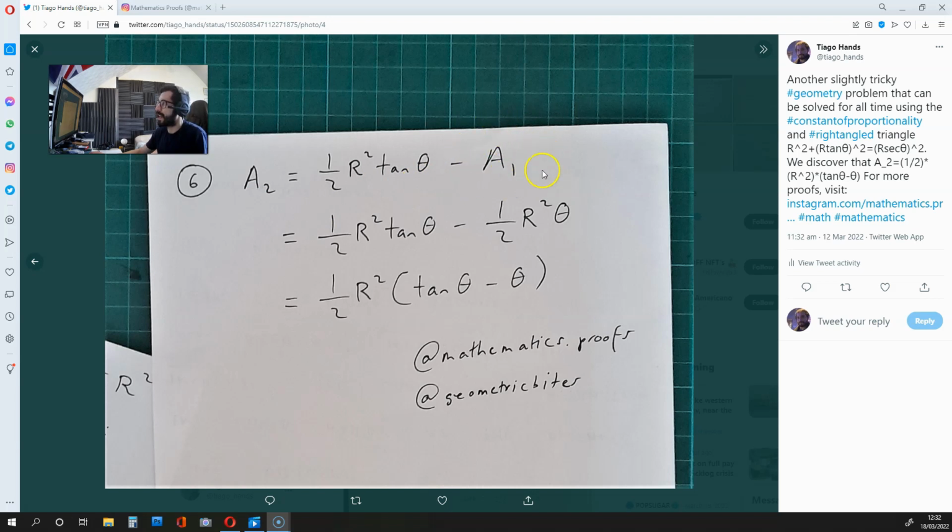A1 is the area of the sector, okay? So this means that A2 is half r squared times tan theta minus half r squared times theta. If we simplify this, what we get for A2 is half r squared times (tan theta minus theta).